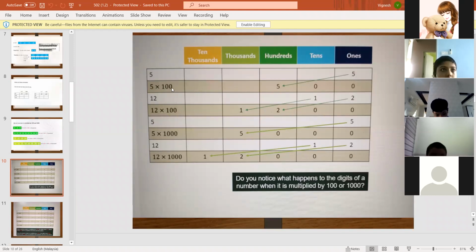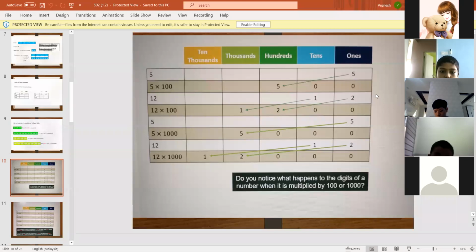The number still needs to move to your left. For example, here there is a difference between hundreds and thousands.